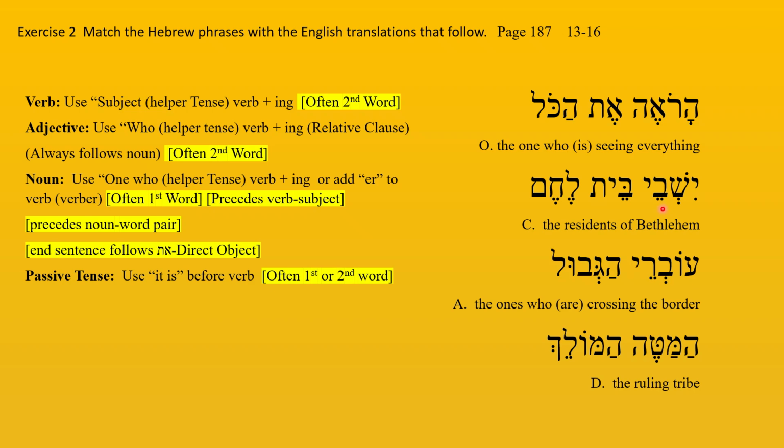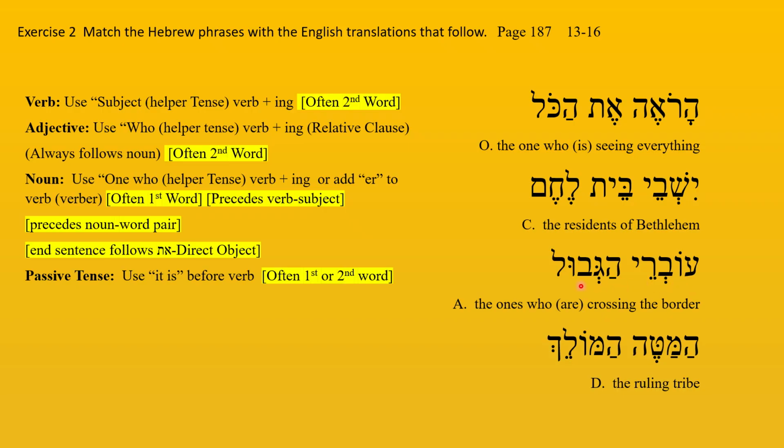So it's very nice when you have these markers that enable you to see that. So the ones who are sitting, the ones who are settling, the ones who are residing of Bethlehem. So what is one who resides? It's a resident. A resident is one who resides. So you can translate this as the residents of Bethlehem. Next one.